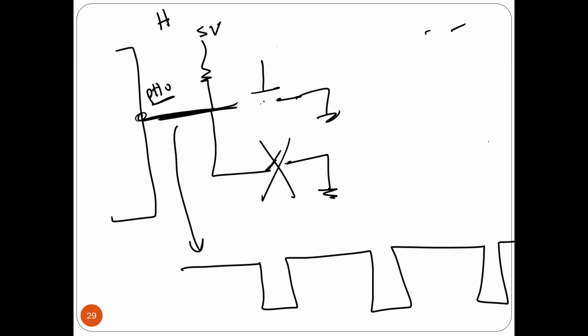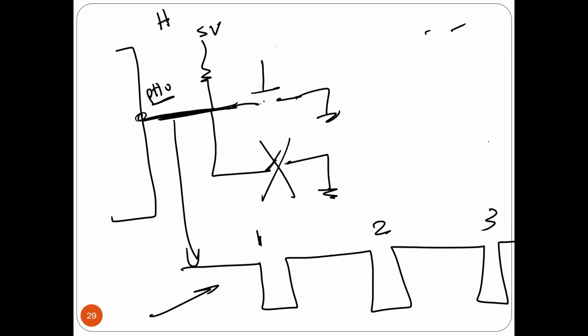You understand now how every time I press and release, I'm going to generate a signal like this one. This is one press, second, third. Any questions? Now, if I take this signal, we agree that every time I press and release, I generate a signal like this one on PH0. Is that okay?